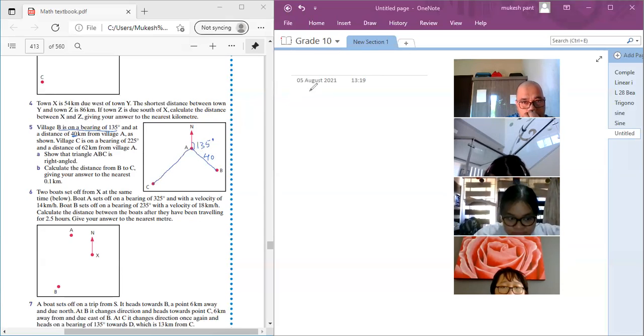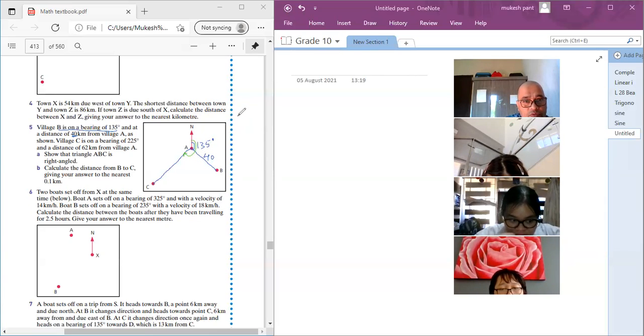In the case of the bearing of C from A, how will we measure? This way. Look at this way. Now you can see there is 225, and 135 is already there. Now we check how much this angle is.